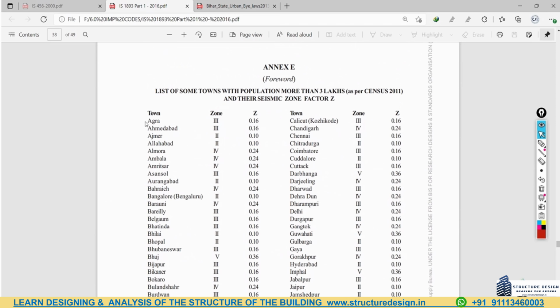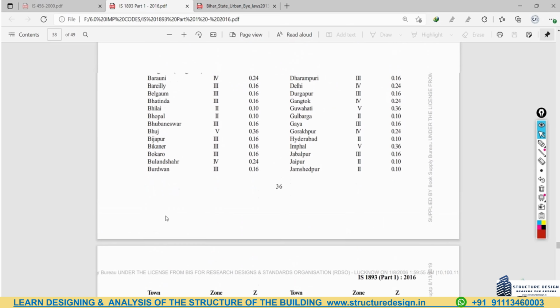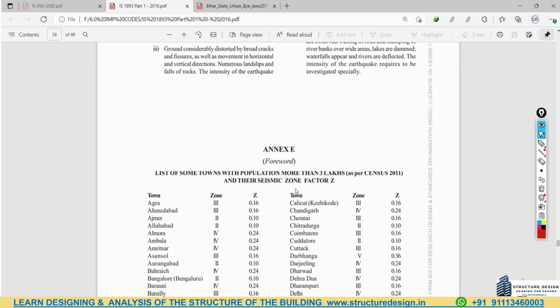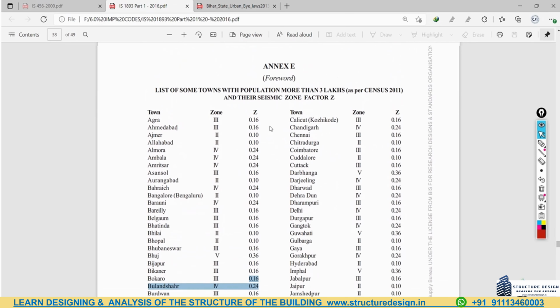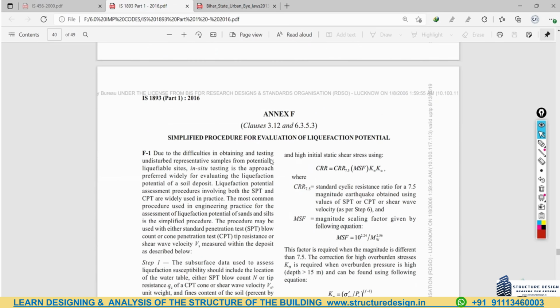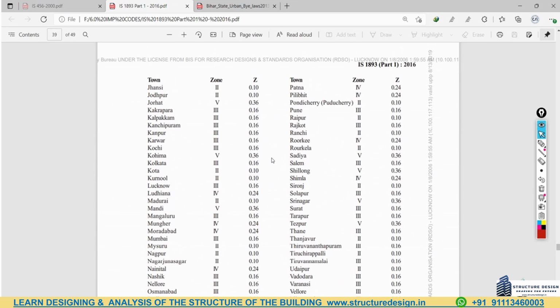If you are doing a building somewhere in Bokaro, it will come under zone 3, and along with that the zone factor is also written. So you always have to look at this particular Annex E and find out which city comes under what zone.